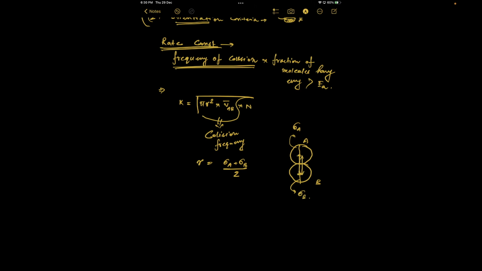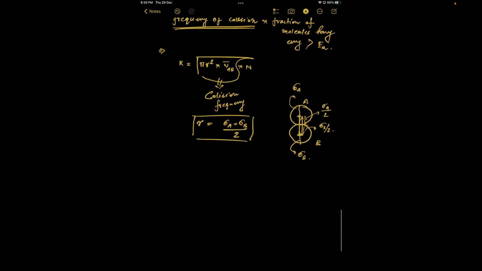That means this distance is sigma A divided by 2, and this distance is sigma B divided by 2. So the total distance will be sigma A plus sigma B divided by 2, right? So r is the effective radius. Sigma A is the diameter of the A molecule, it's important, and sigma B is also the diameter of the B molecule.